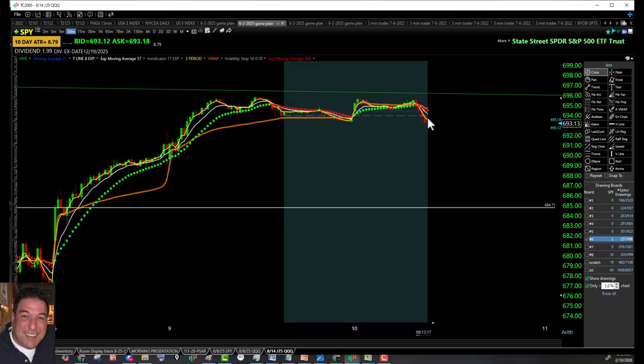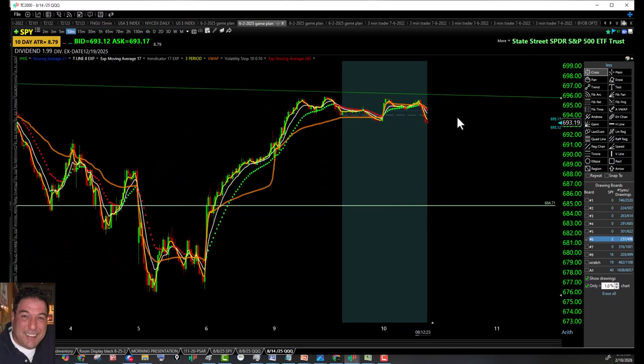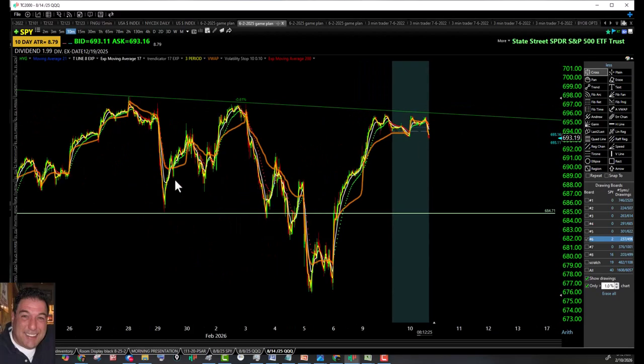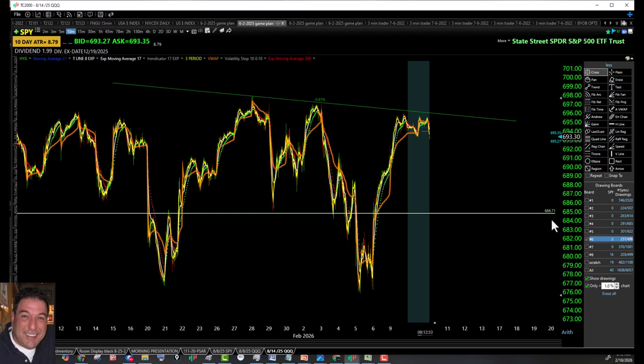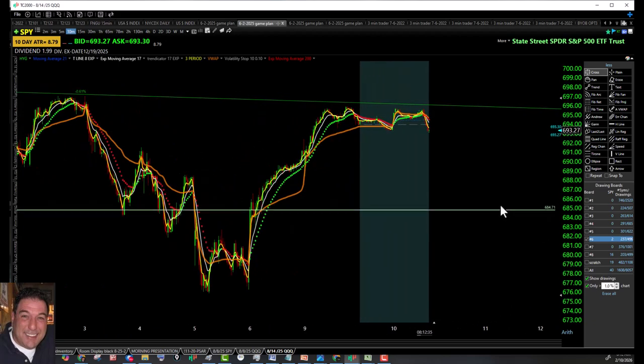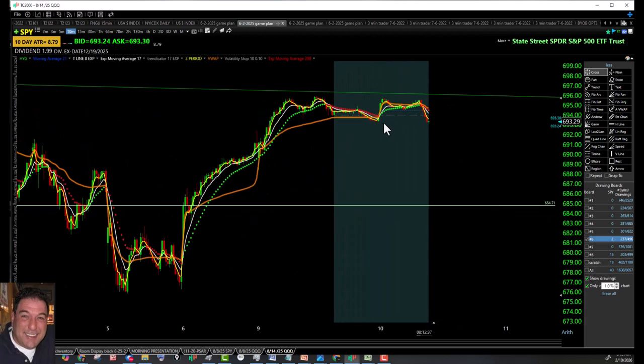So they may test it 2 more times, and if that doesn't work, chances are we're coming down here to check out that valley between the 2 peaks, which would be this support area right through here. So that'd be 684.71 area. All right, so we'll see what happens.